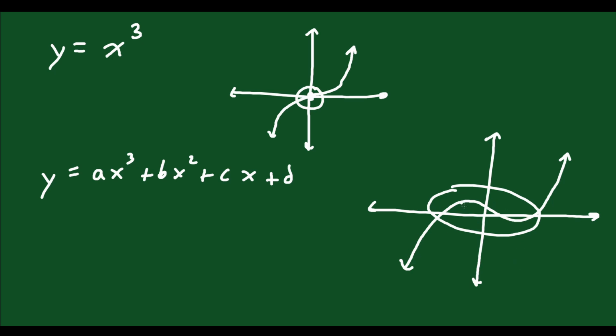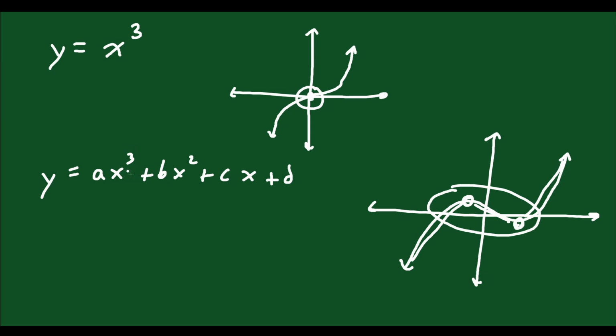You're going up, and then you change direction, and then you're going down, and then you change direction, and then you're going back up. So there's kind of 3 components to this, right? Like 1, 2, 3. You're going up here, down here, up there. So those 3 components, you can think of it like, oh, there's 3 of those sections because it's a third degree polynomial, right?